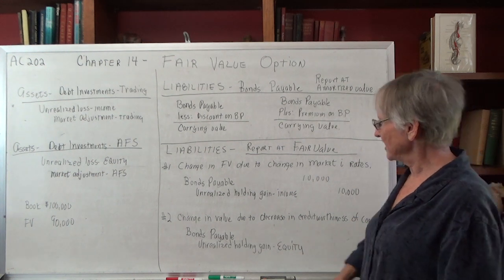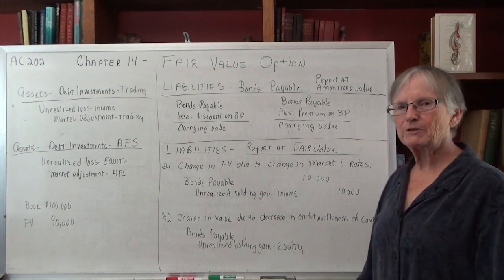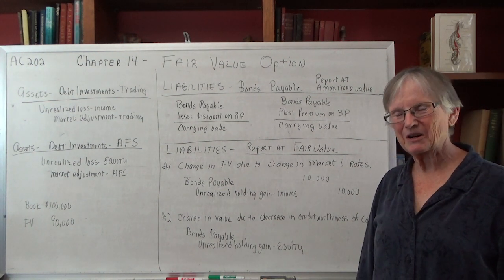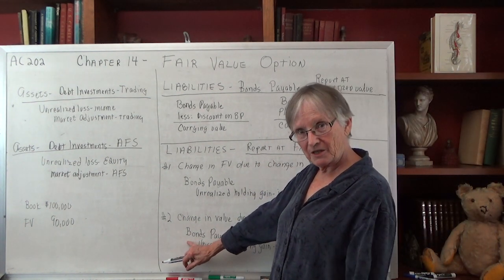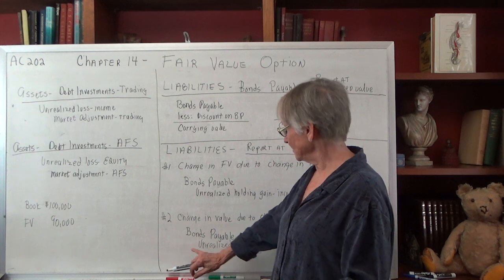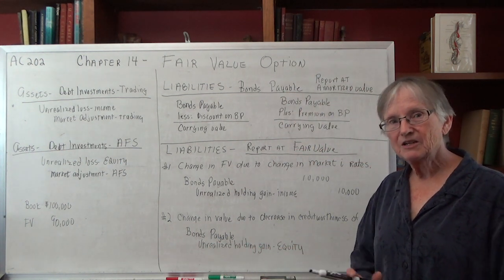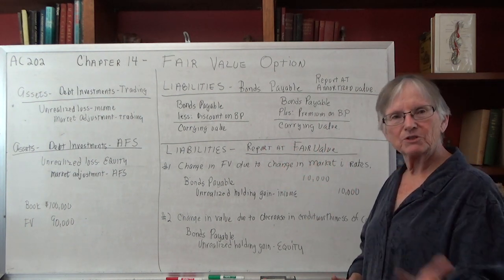Then you have to think about another thing that could have happened to reduce the value of our bonds, and that could be that we've had a decrease in the value of our bonds because our company is in trouble. We've got a decrease in the creditworthiness of our company. And so now you're going to be debiting the bonds payable to reduce it, and recognizing an unrealized holding gain, which increases as the company's going under.